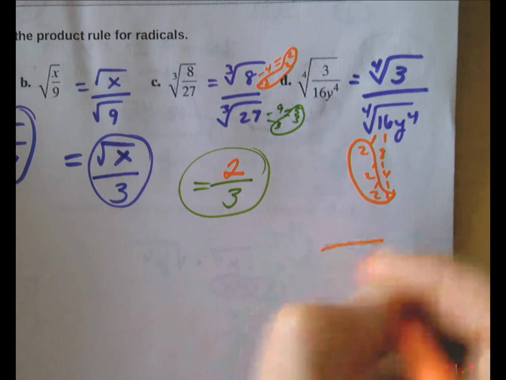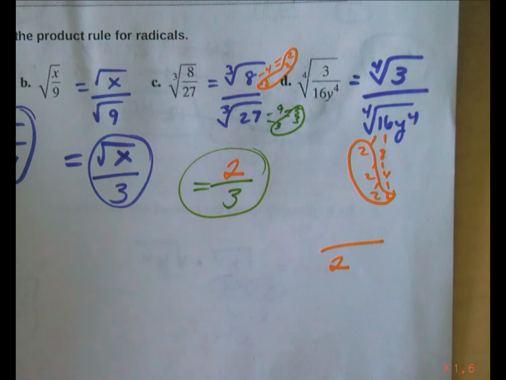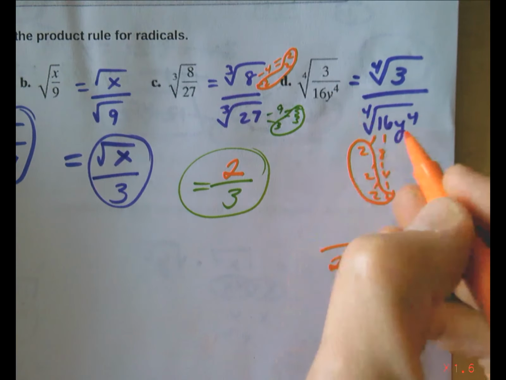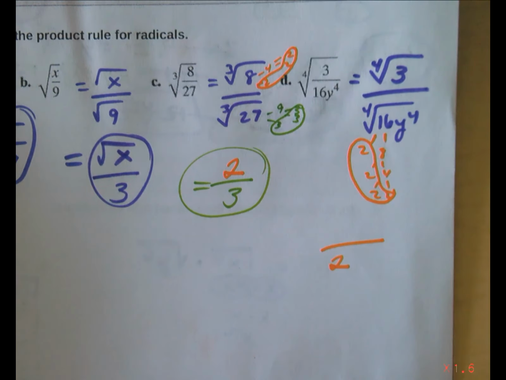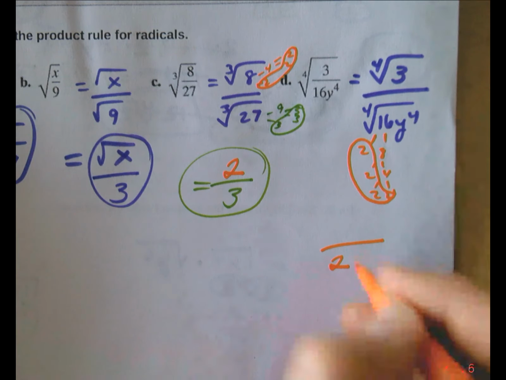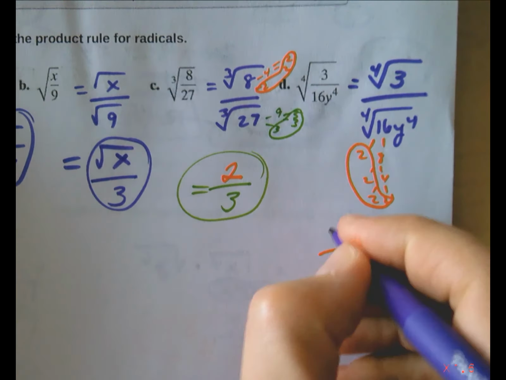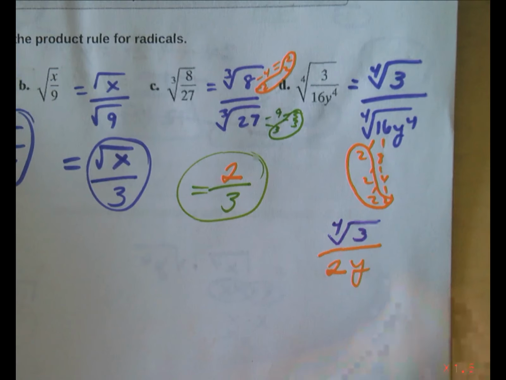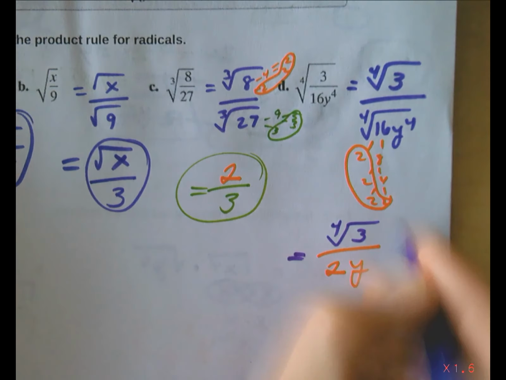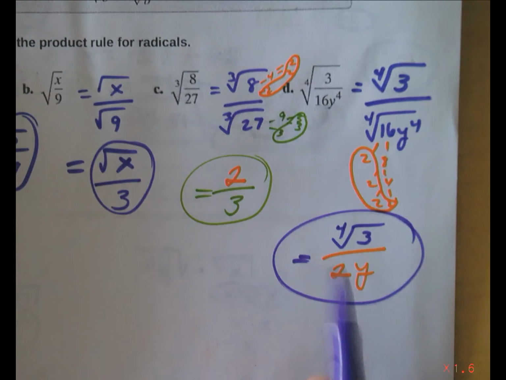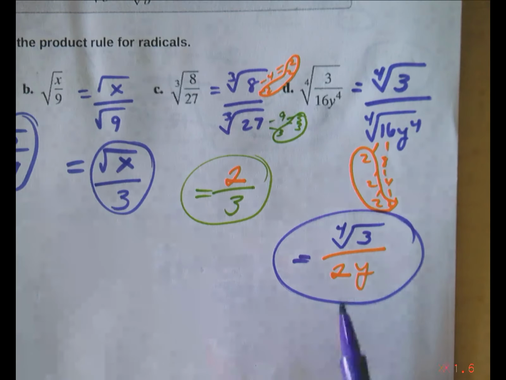So on the bottom, I got a 2. And then if I have a 4th root of y to the 4th, that simplifies to what? Just 1y, so y. And then on top, you're just left with that 4th root of 3. You can't break that guy down. So that's equal to the 4th root of 3 all over 2y.